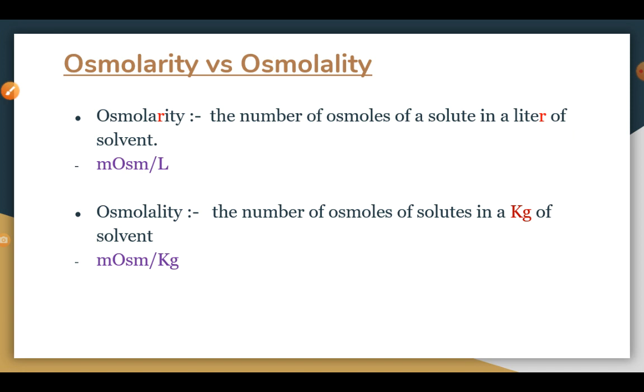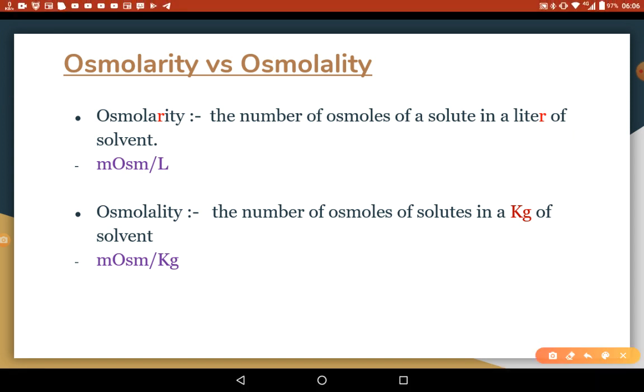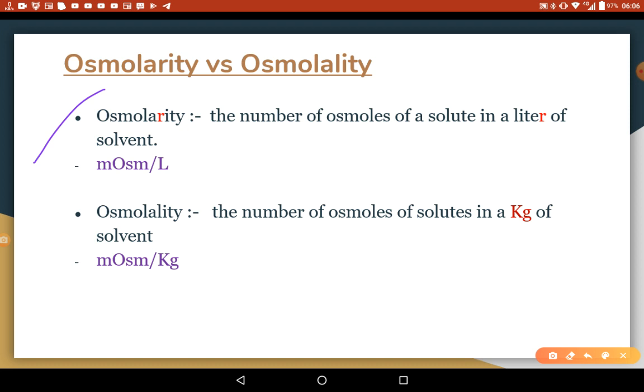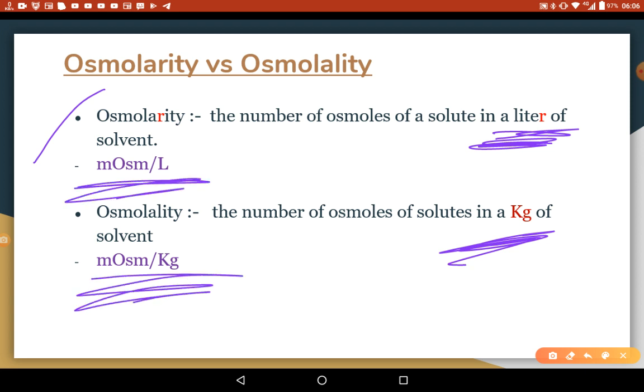The last topic is osmolarity and osmolality. Osmolarity is the number of osmoles of a solute in a liter of solution, while osmolality is the number of osmoles of solute in a kilogram of solvent: milliosmol per liter for osmolarity, milliosmol per kilogram for osmolality. Do not forget these two things.